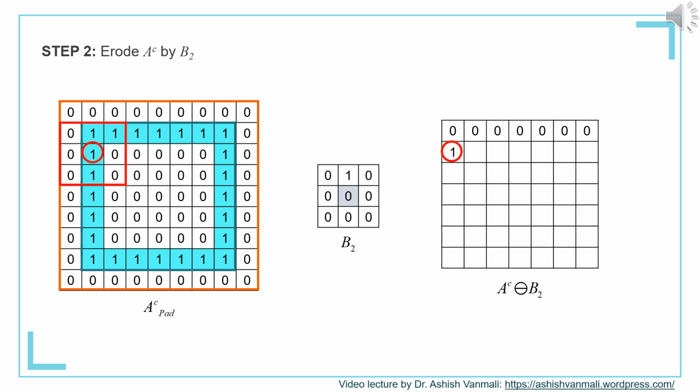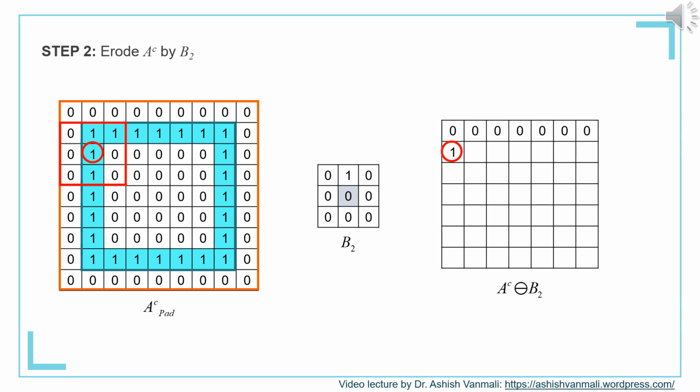Now we move to the second row first column. When you keep the center at the second row first column, you can see the corresponding subimage with the red boundary. Here there is 1 present above the center. Hence our B2 will be totally contained and our corresponding output will be 1.